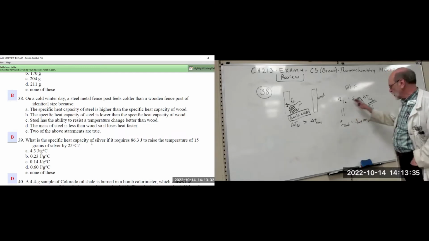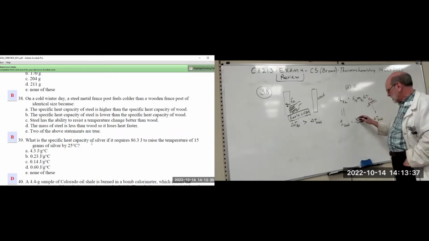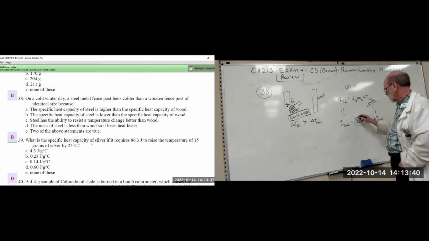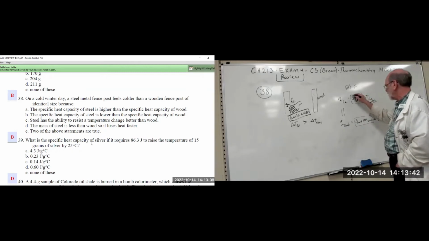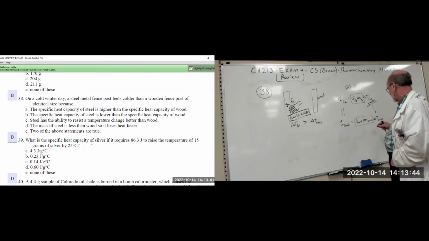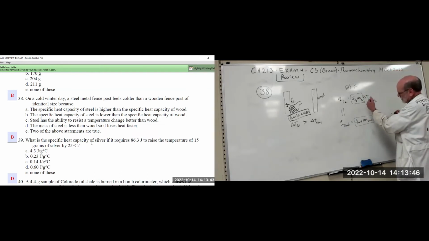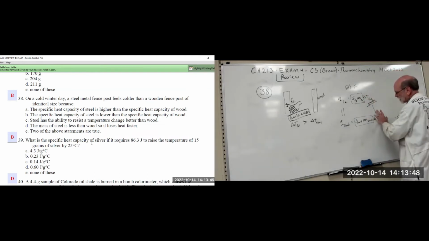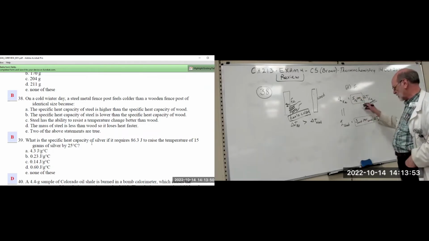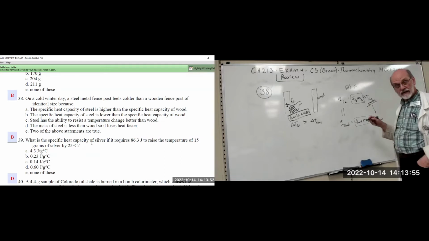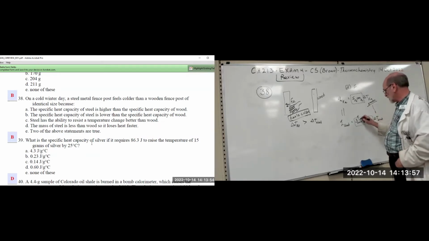So we can't deal with three variables. So let's say this is one variable right here, and this is another variable. So if this is larger than that one, then this one has to be larger than that one. Correct? This one has to be greater.